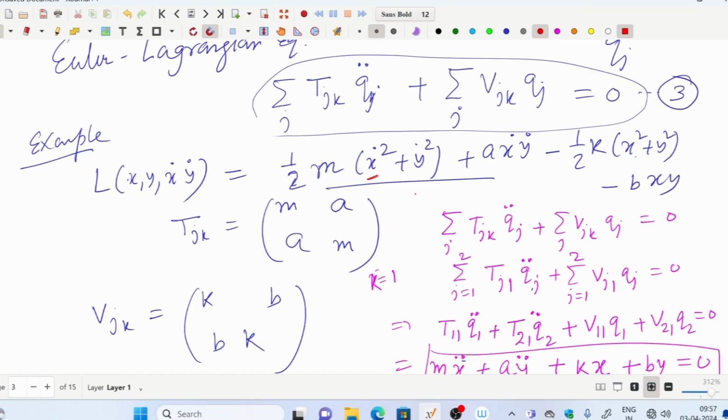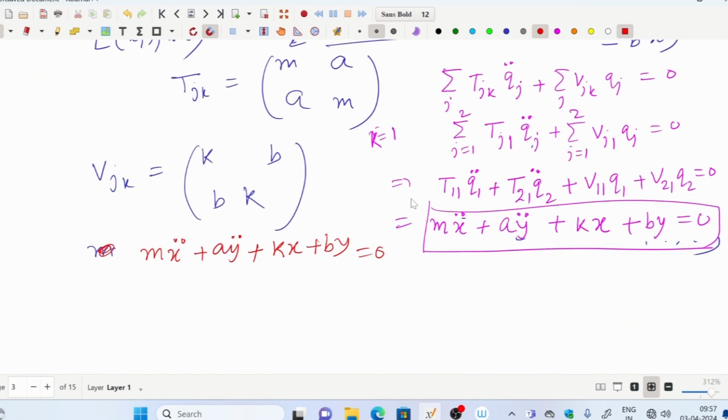So, for the discussion of small oscillation for a general system, we have to in general solve equation 3. We have to find the solution of equation 3, which we are going to discuss now.